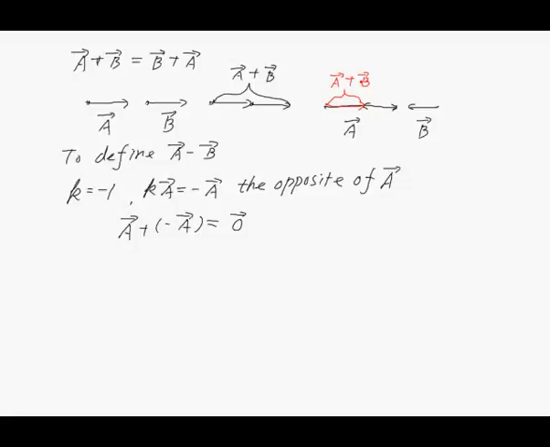So generally, if you want to subtract one vector from another vector, you may define this subtraction in the form of addition. So this is defined as the vector A plus negative vector B. And let's go to the figure.